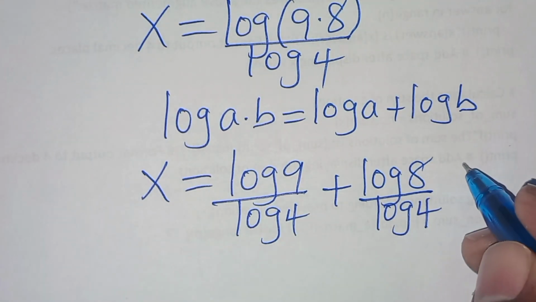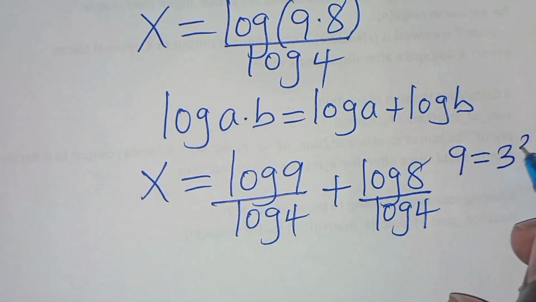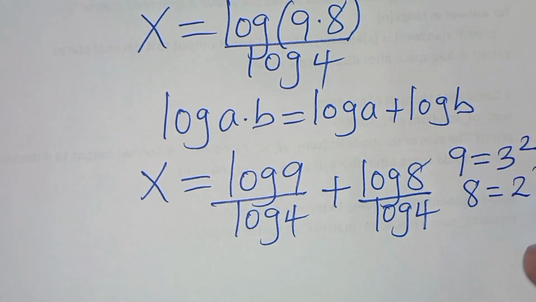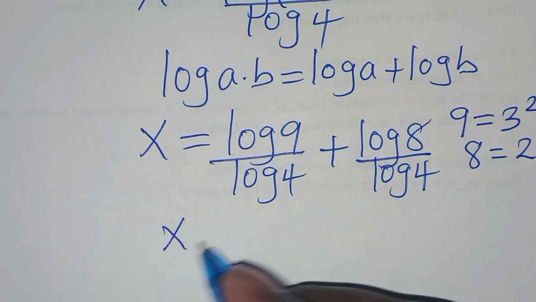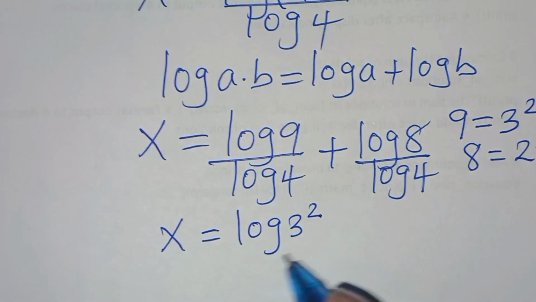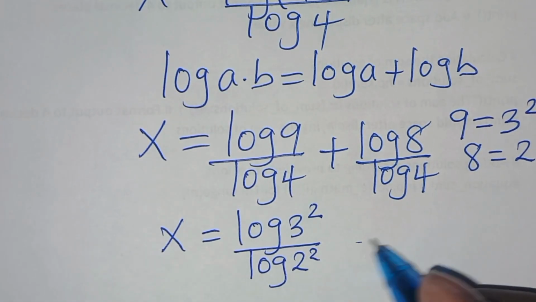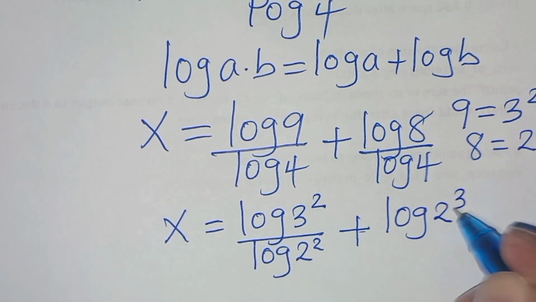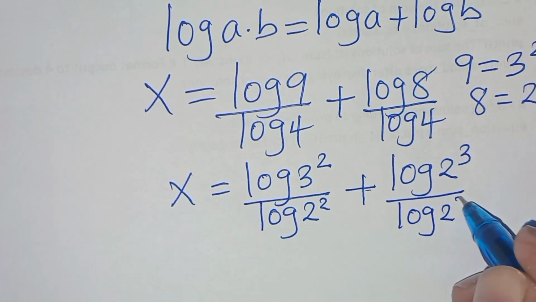From here, we can express 9 as 3 to power 2, and 8 as 2 to power 3. So x is equal to log 3 to power 2 divided by log 2 to power 2, plus log 8, which is log 2 to power 3, divided by log 4, which is log 2 to power 2.